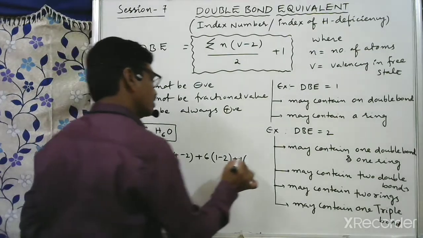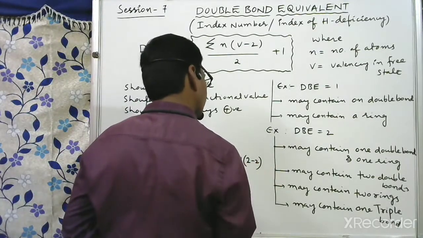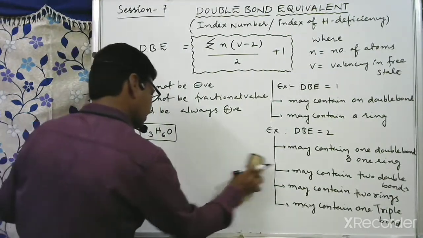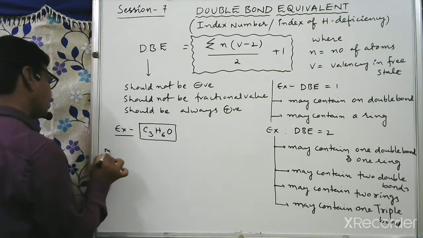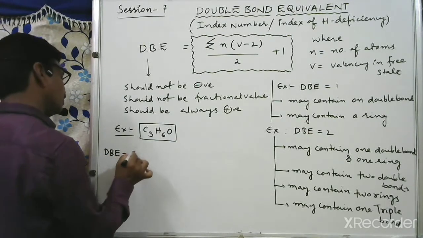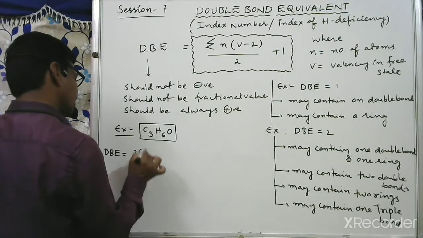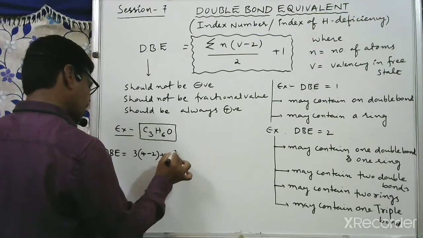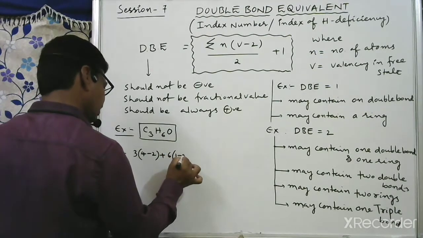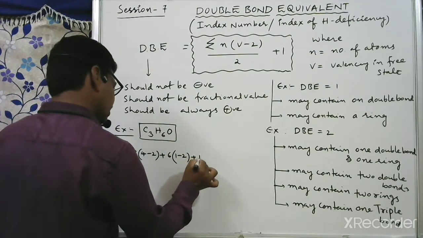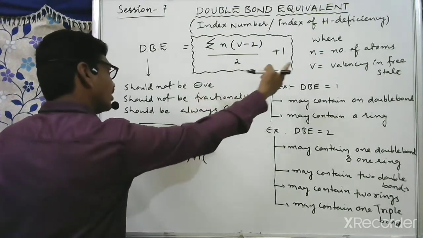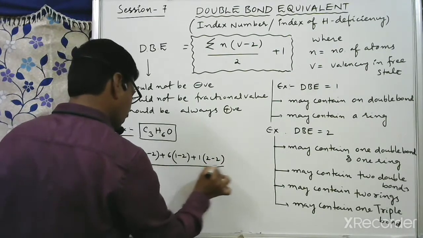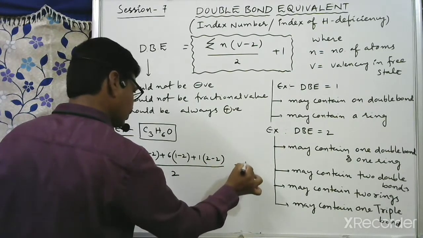So 2 minus 2, divided by 2. Let me write it once more. DBE equals, first 3 carbons, 4 is the valency, minus 2, plus 6 hydrogens total, 1 is the valency, minus 2, plus 1 oxygen. N is nothing but the number of atoms. 2 minus 2, divided by 2, then we have to add 1.